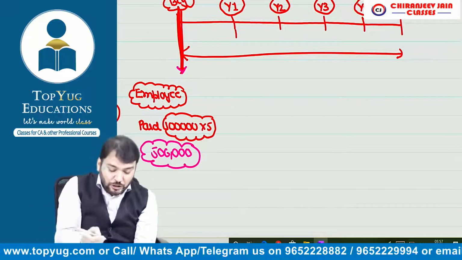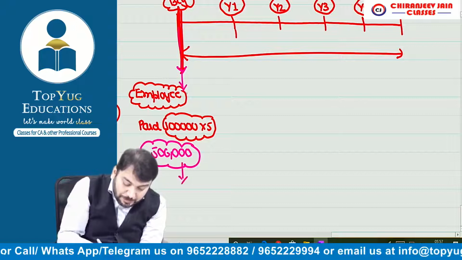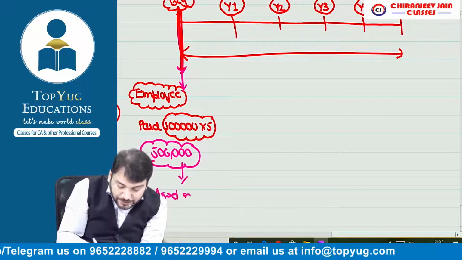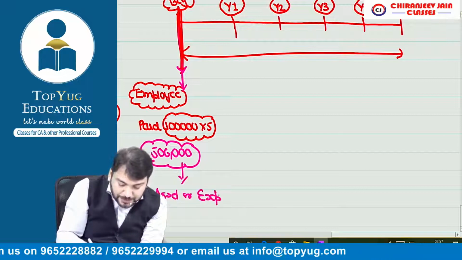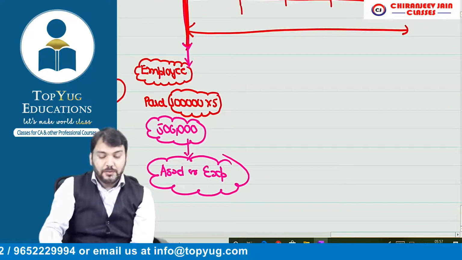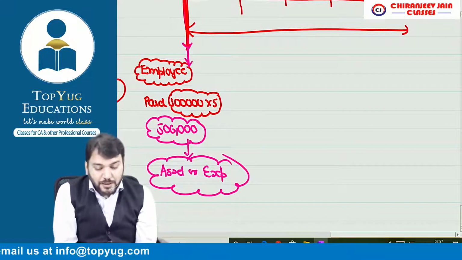So on this date when you made the payment, will this be an asset or expense? Tell me.